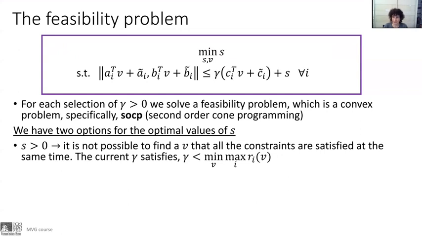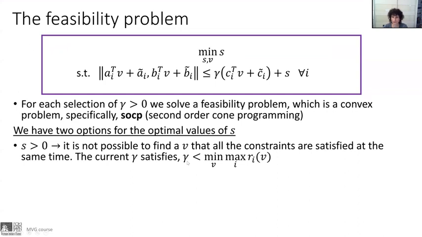That my constraints are not satisfied for this gamma. Why? Because if they were satisfied, I would be able to lower S and not get positive S. If I'm getting positive S, it means that I cannot satisfy this constraint. That's what I mean. It means that gamma is too small.